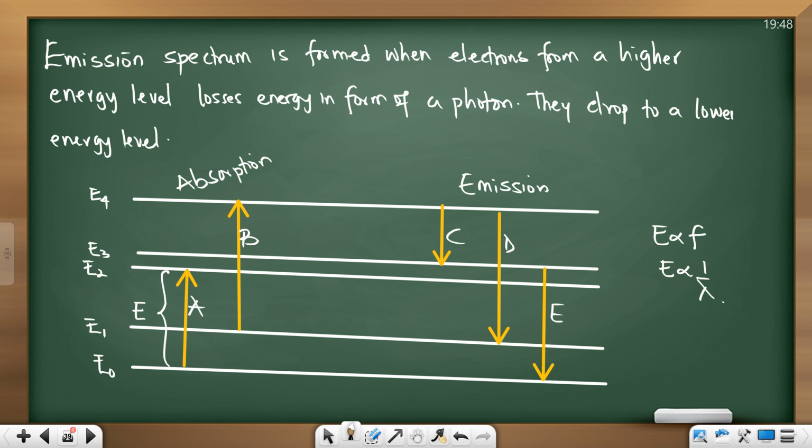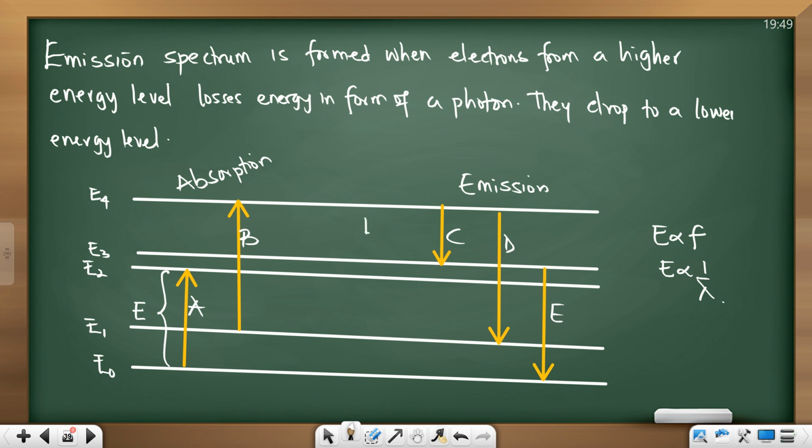Which photon has the longest wavelength? Or where is the longest wavelength represented? The longest wavelength means the lowest energy because they are inversely what?